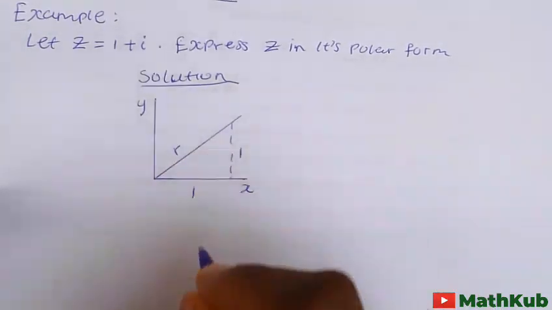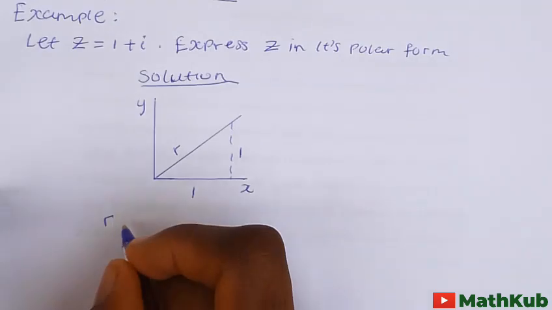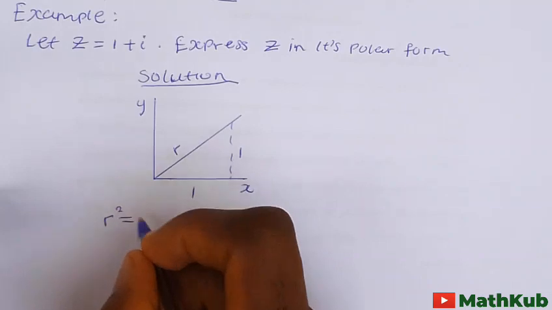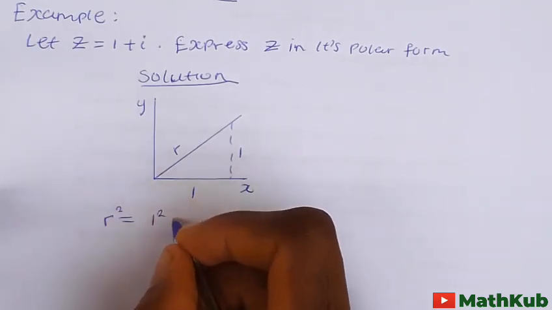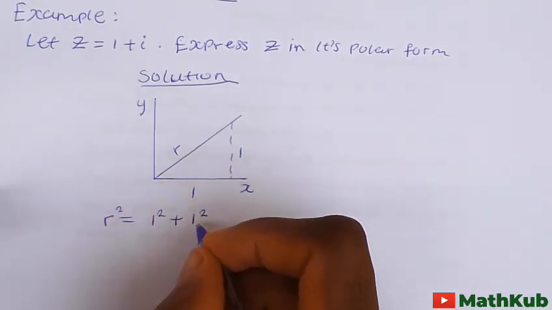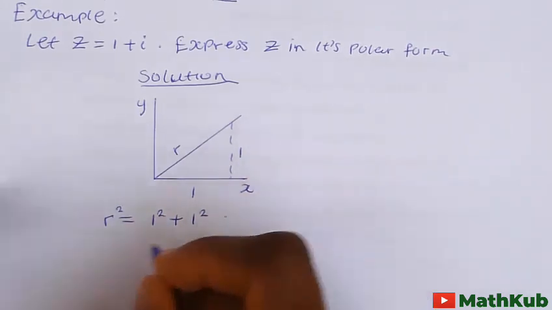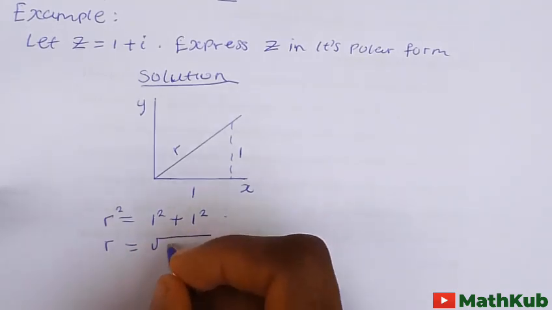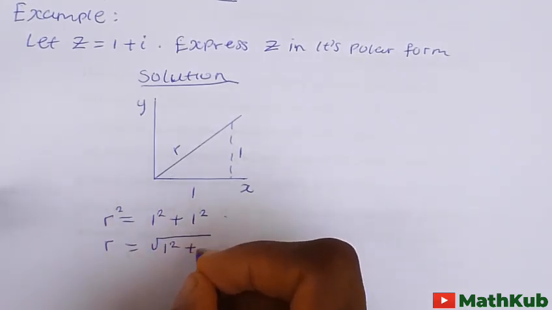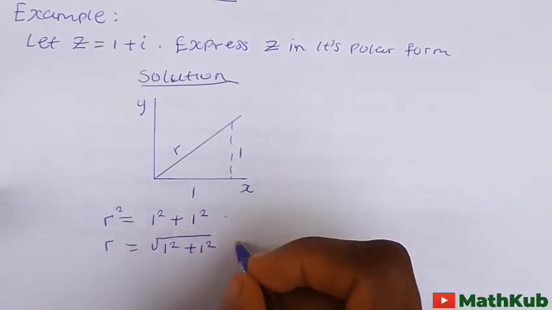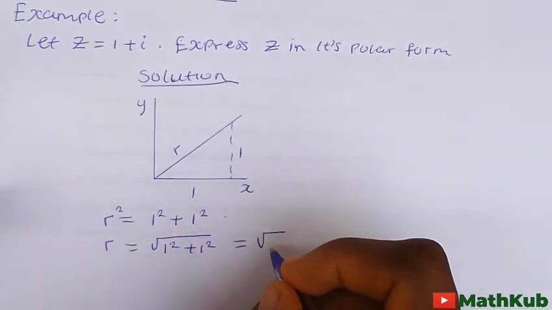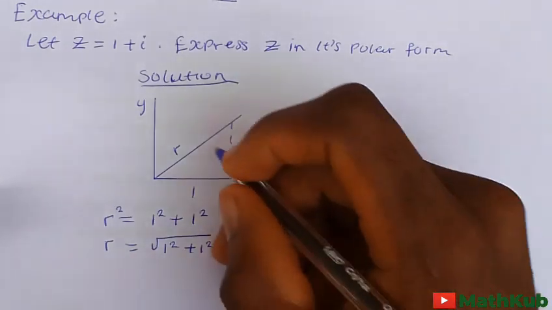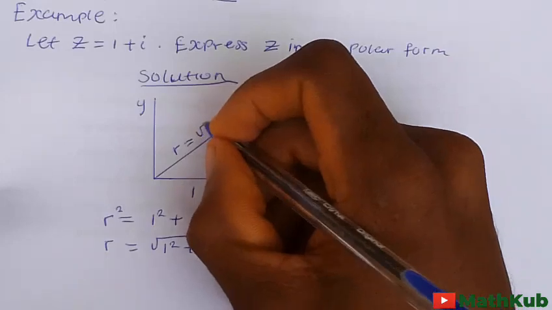We have r. The value of r from Pythagoras theorem: r squared will be equal to 1 squared plus 1 squared, so r will be equal to the square root of 1 squared plus 1 squared, which is equal to the square root of 2. Now r is equal to the square root of 2.